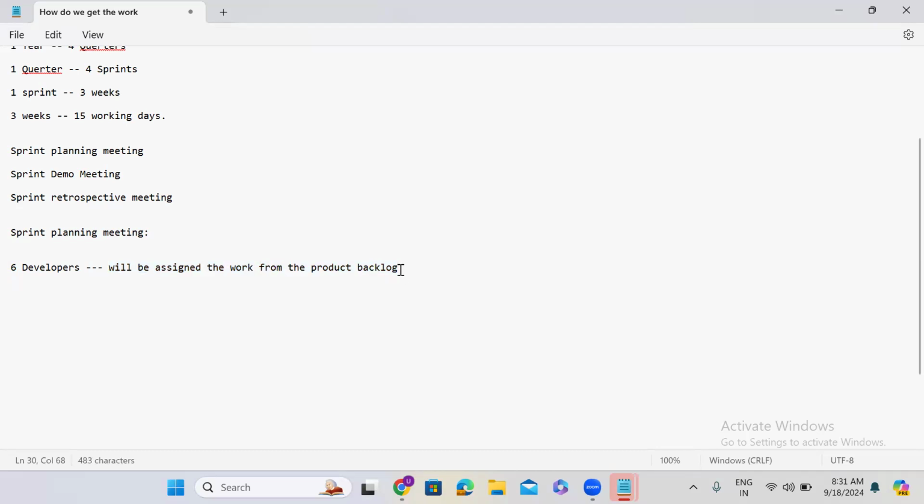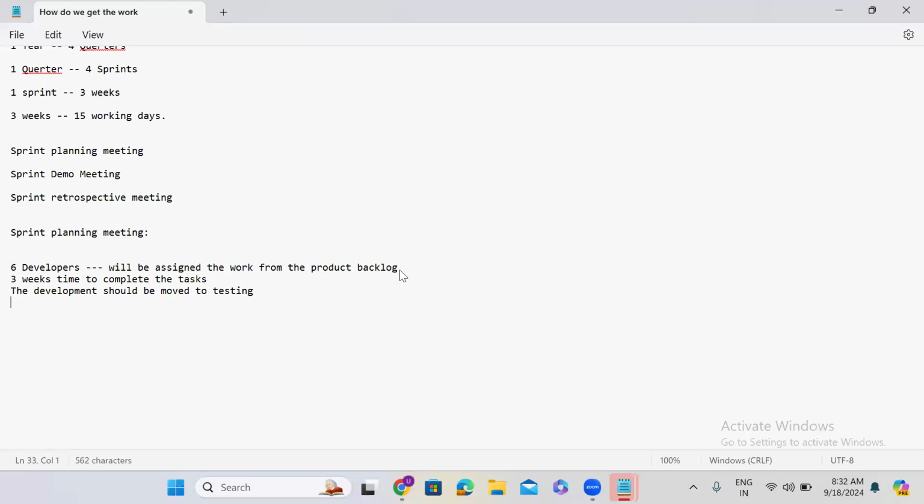And there they will tell you, within 3 weeks, you have to complete your development. So 3 weeks time to complete the tasks. After that, the development should be moved to testing.